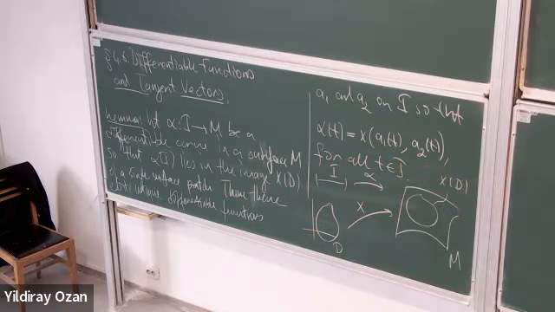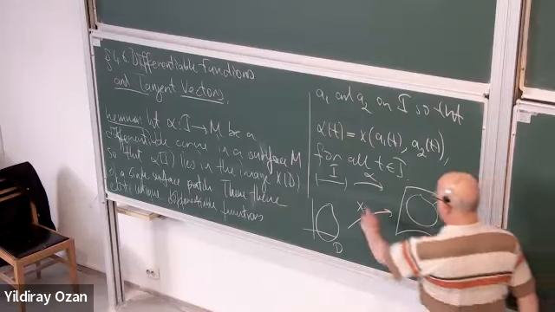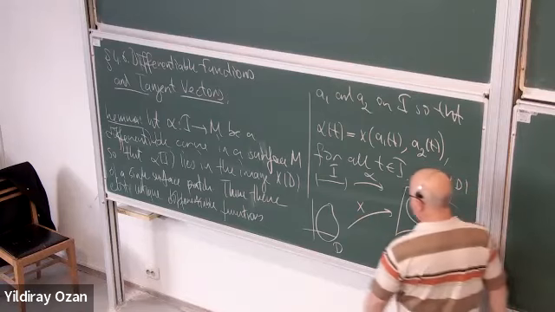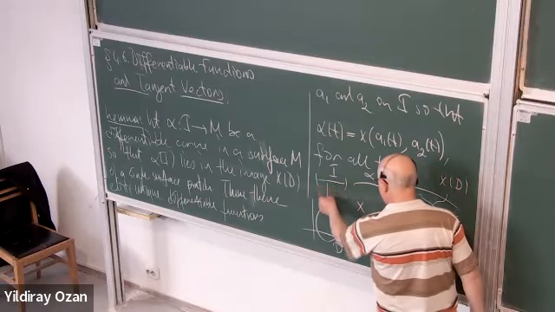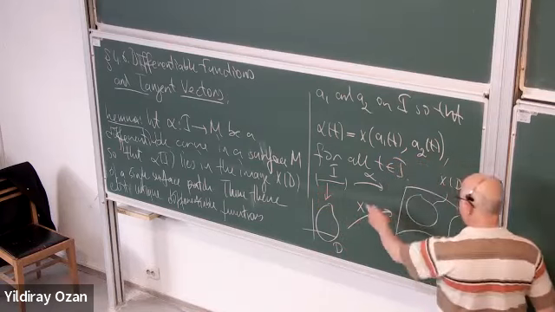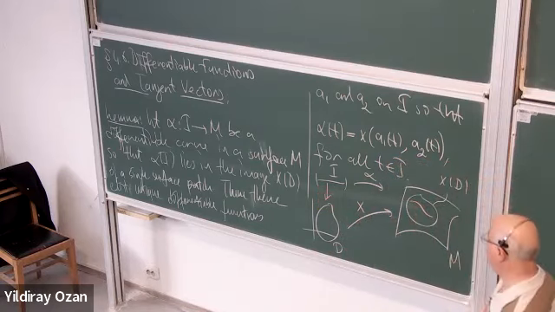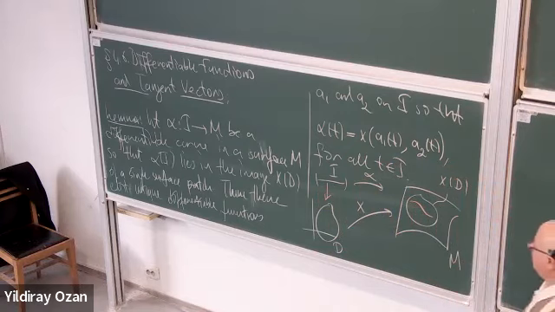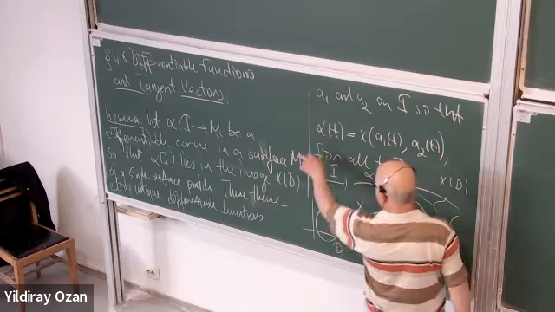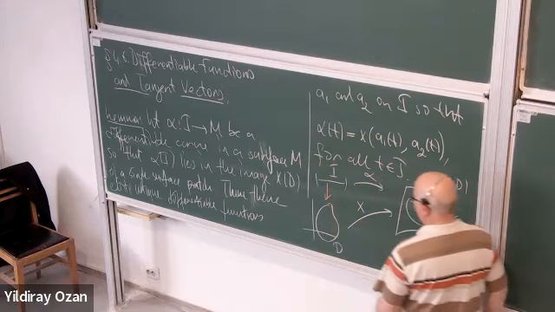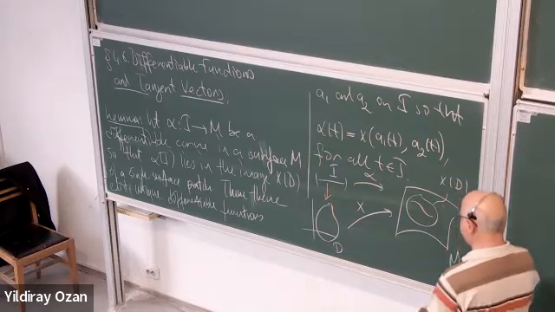What this lemma tells us is that you can make this diagram commutative. This lemma tells us that you can find two functions, a1 and a2.